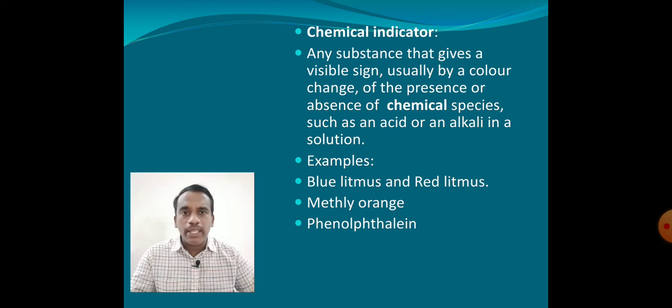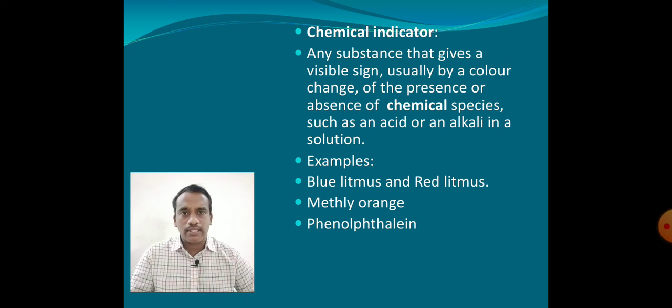Here our chemical indicator is a substance that will give a change in color in the presence of an acidic medium or in the presence of a basic medium. So what do we call a chemical indicator here? See the definition once.